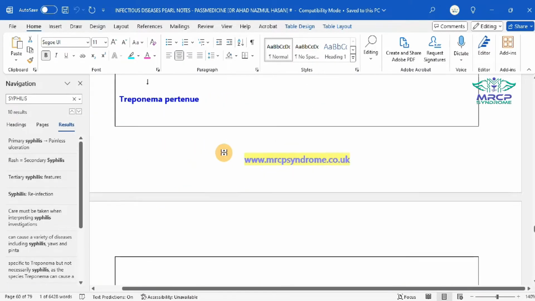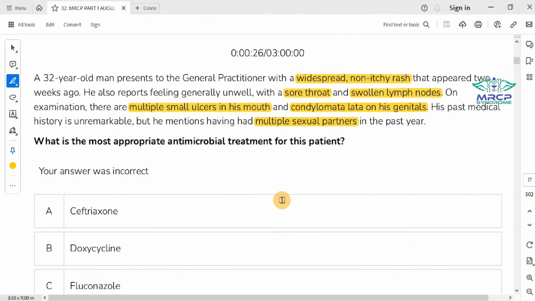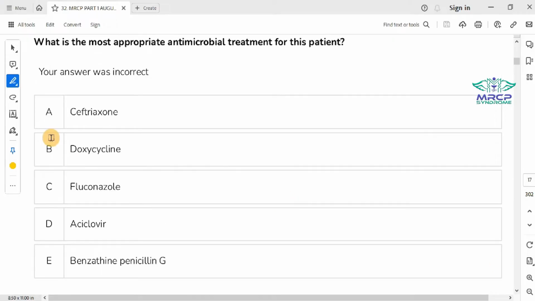And how to treat a case of secondary syphilis? Intramuscular benzathine penicillin. Yes, we'll be going for the intramuscular long-acting benzathine penicillin G. Ceftriaxone is usually used for the management of gonorrhea, both uncomplicated and complicated.